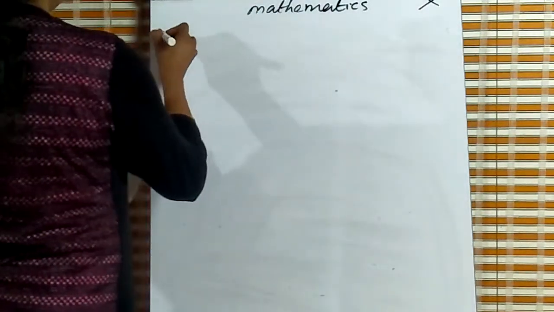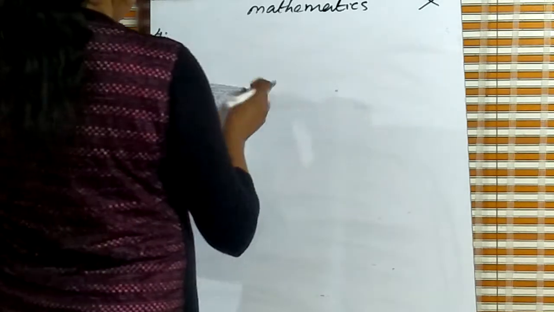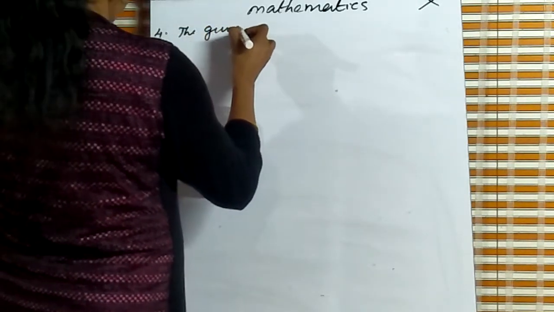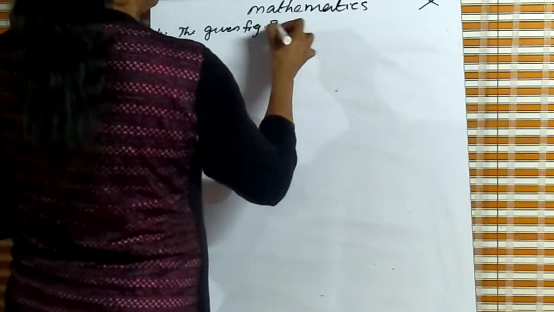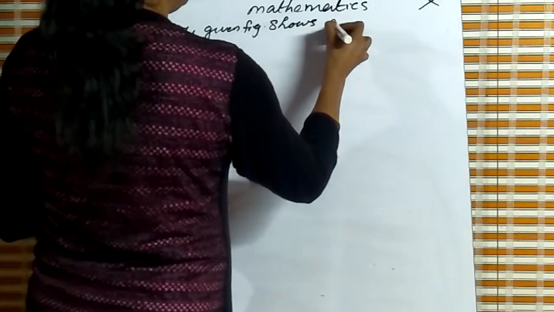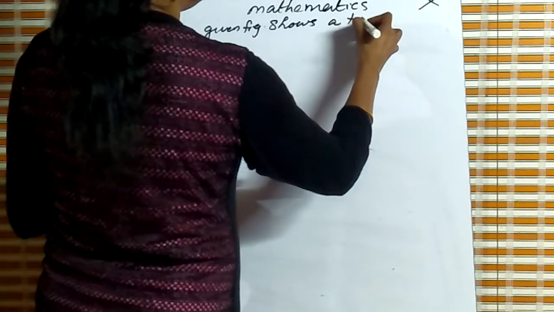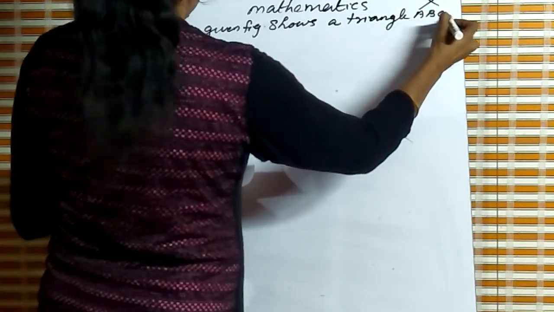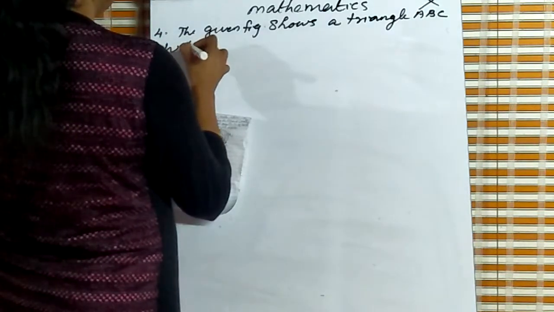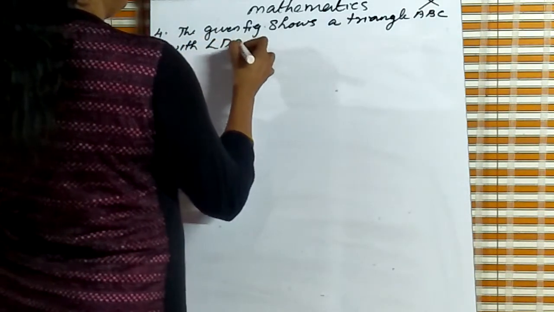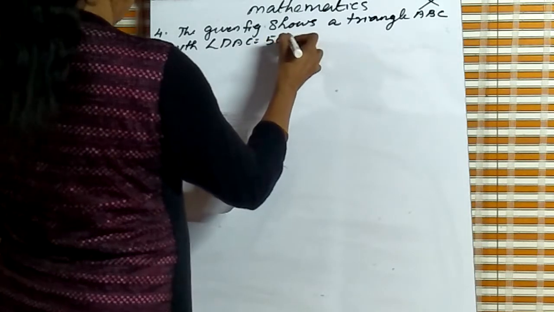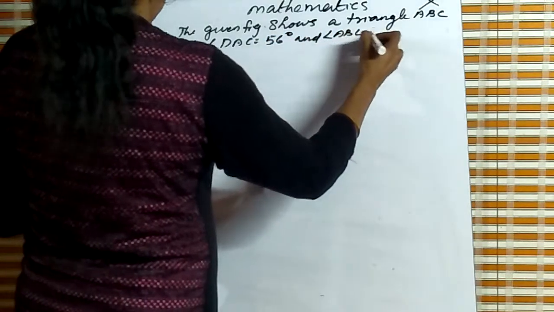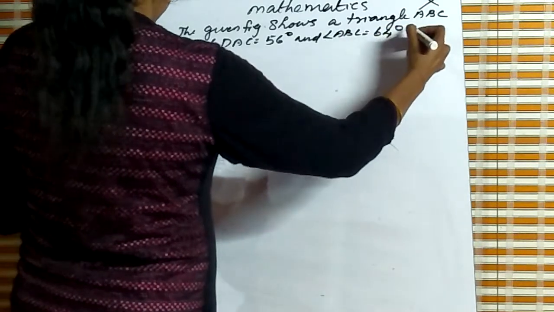Question number 4. The given figure shows a triangle ABC with angle DAC equal to 56 degree and angle ABC equal to 64 degree.